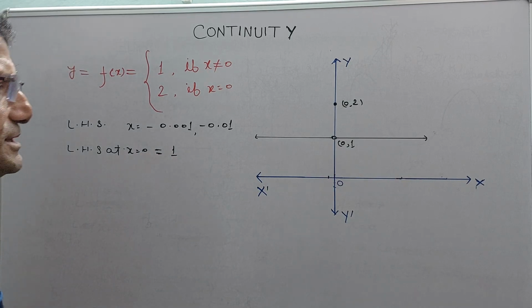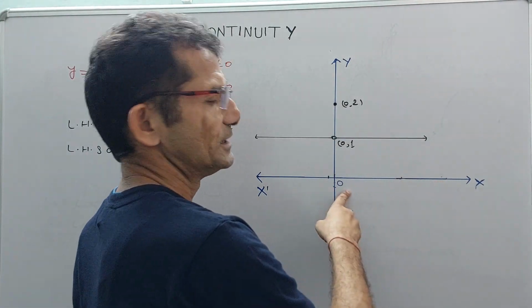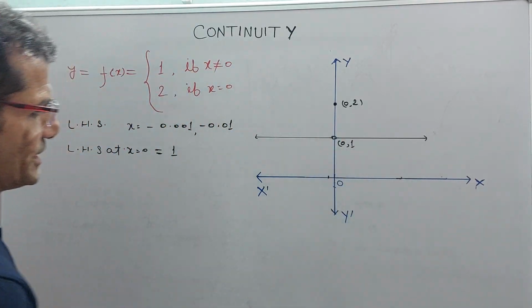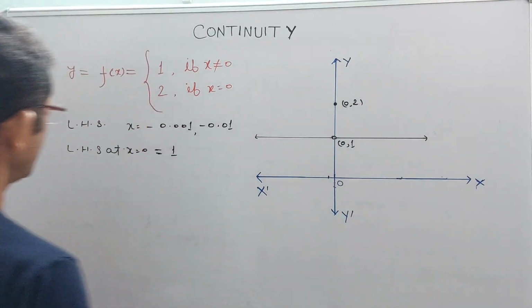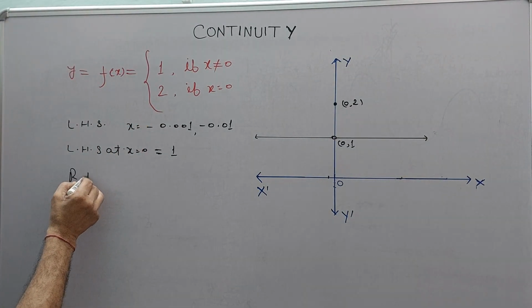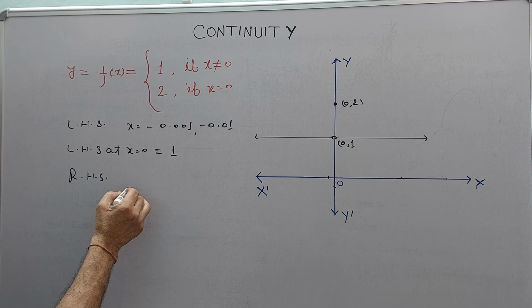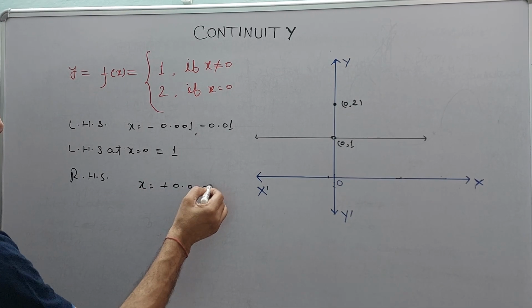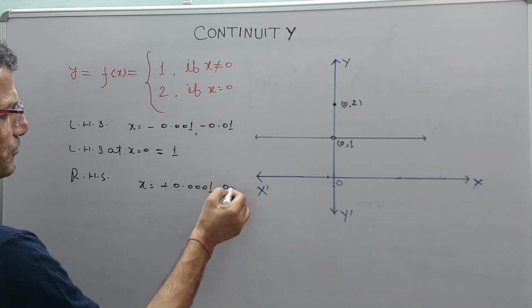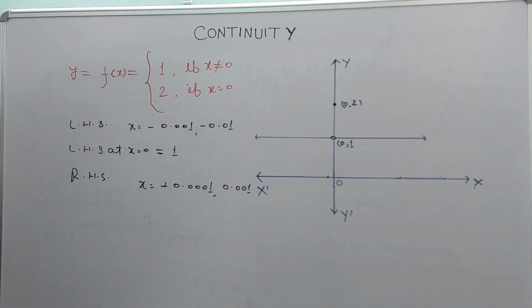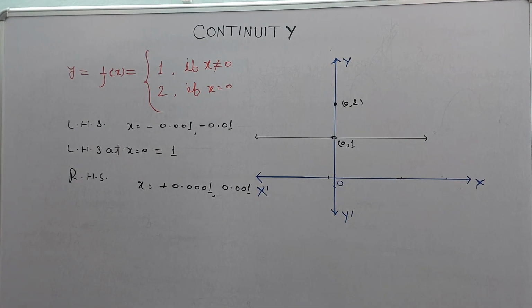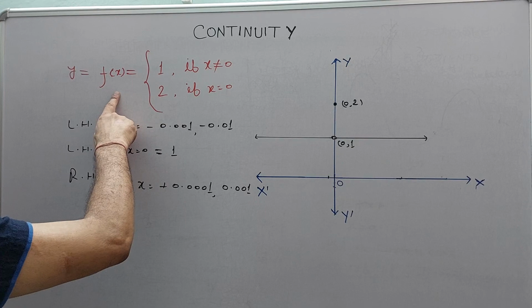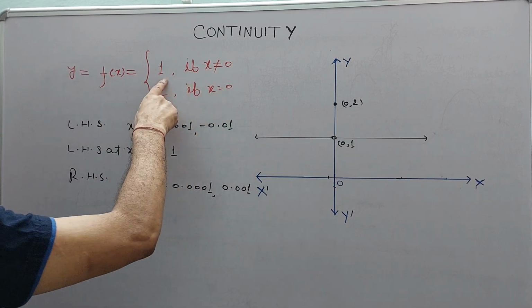And now if I approach 0 from the right hand side, taking points near 0, like x equal to plus 0.0001, 0.001, these are points very near to 0. We also check from the graph that f(x), when x is not equal to 0, has corresponding value 1. Again the y value, the f(x) value, is 1.